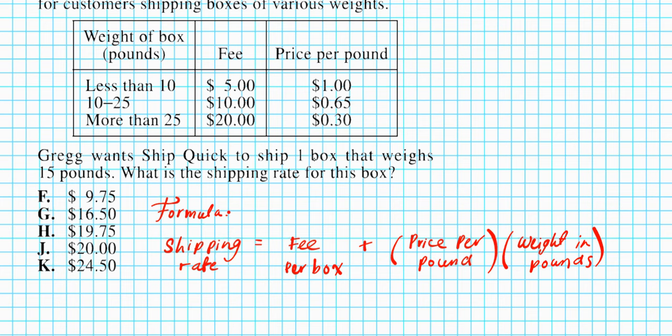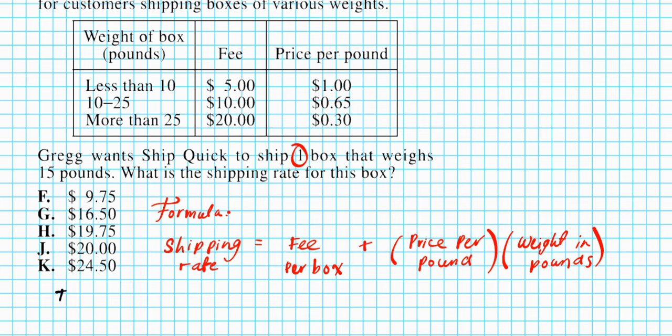Now, what's Greg's situation? Greg is shipping just one box, which makes things easier, but the box weighs 15 pounds. So what row are we looking at? Which row is applicable to Greg's situation? Let's write it down.